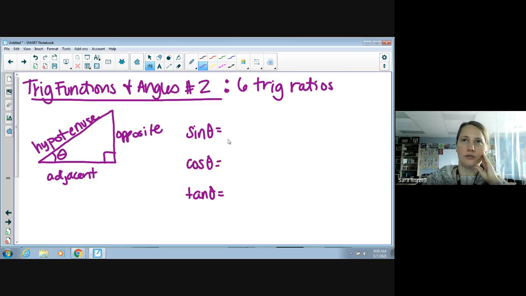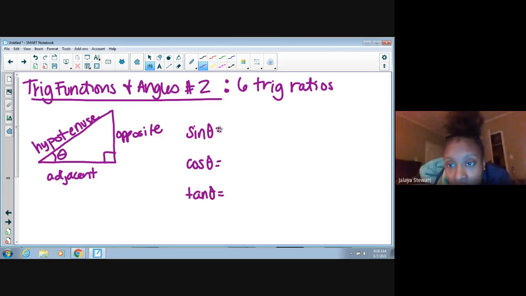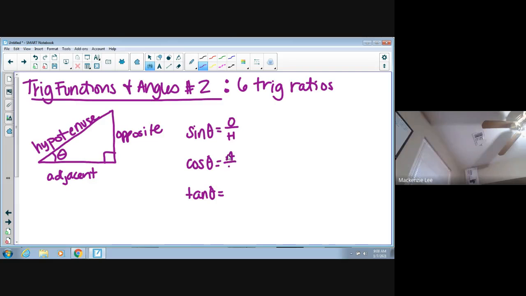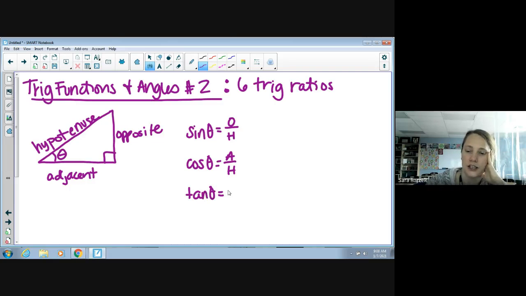Sine is what over what? Is it opposite over adjacent? It's close. It's opposite over hypotenuse for sine. Cosine is adjacent over hypotenuse. Yep, and then tangent is the opposite over adjacent.